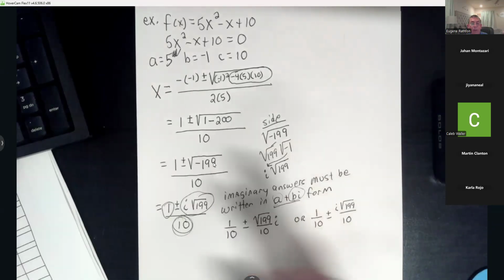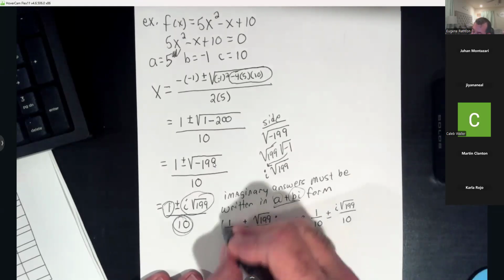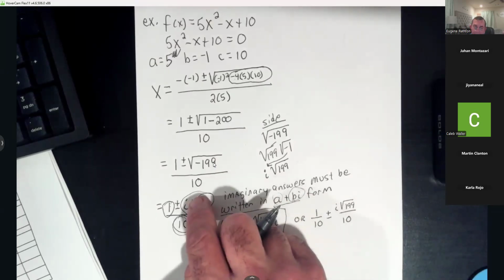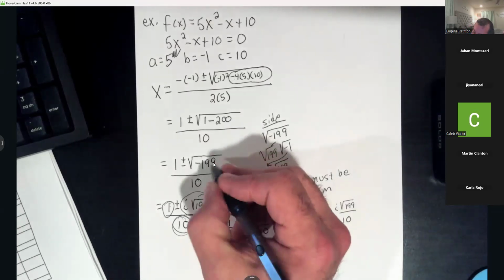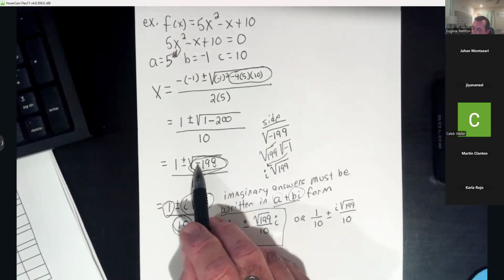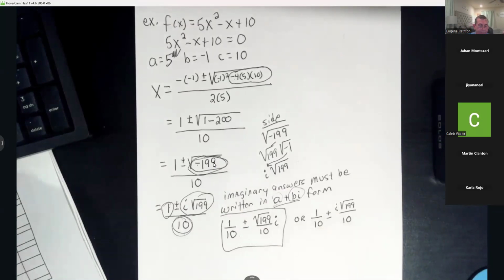Okay? So when you split a fraction apart, they're both still over the 10, okay? All right, so one of these two ways is how you would put it in if you got an imaginary. So y'all, if there's a negative under this square root, break the negative out as an I, and then write it in A plus BI form.